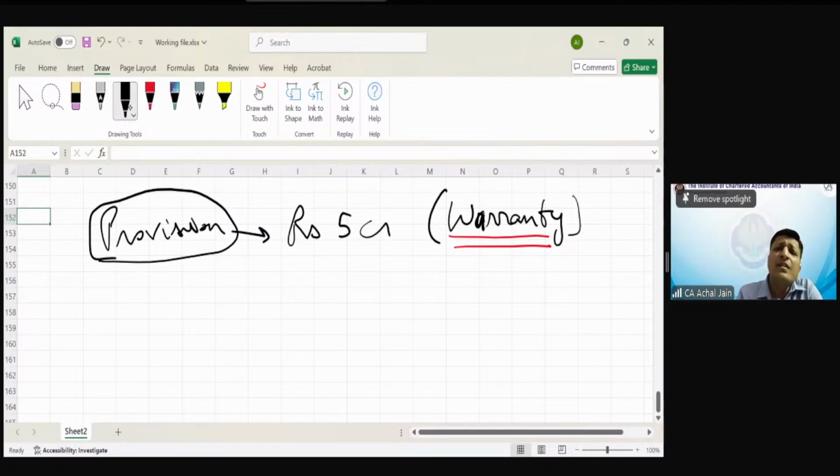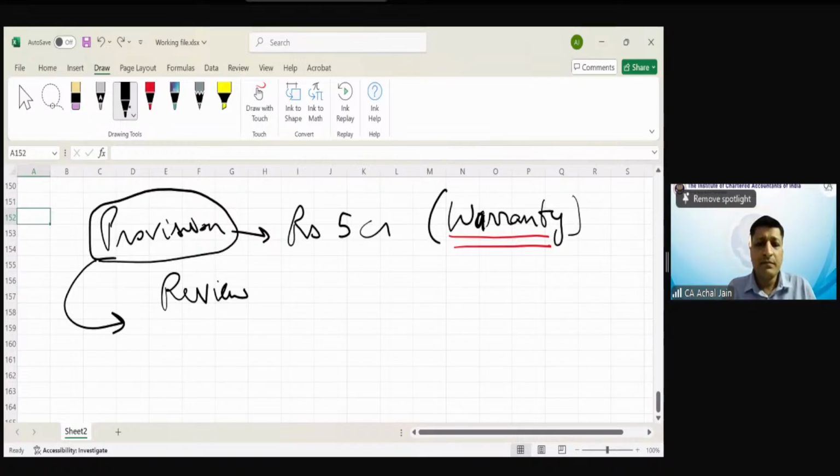During the year, the auditor reviewed the workings. The workings were prepared on an Excel sheet. So the auditor reviewed the workings. That is one.